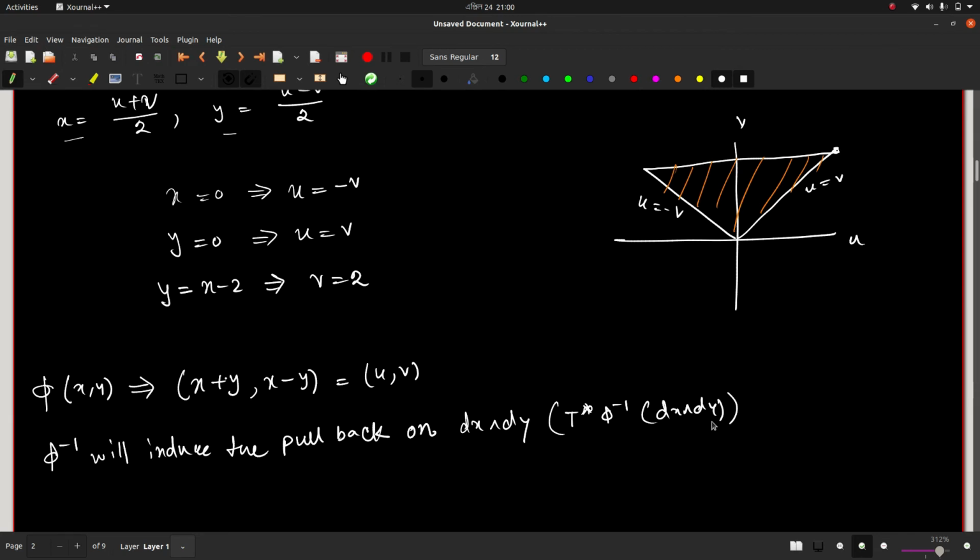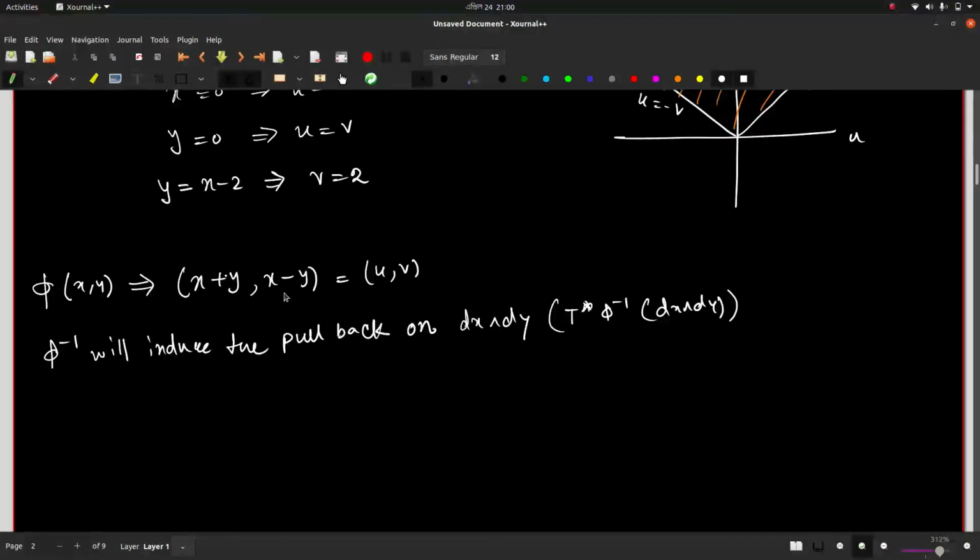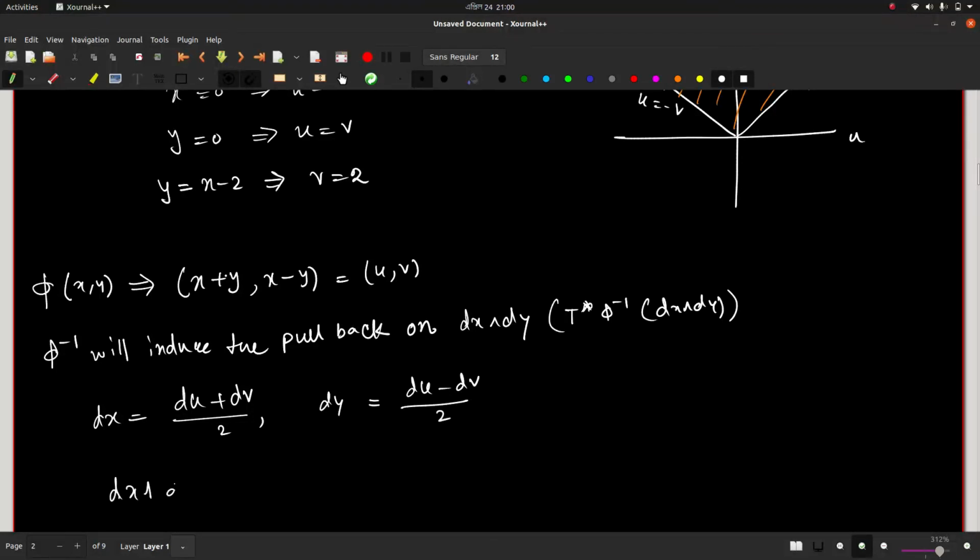Now we have to compute the pullback, and this is pretty easy. If you just compute dx, this is just (du plus dv) by 2. dy will be (du minus dv) by 2. And if you compute dx wedged with dy, you will finally have minus 1/2 du wedged with dv.